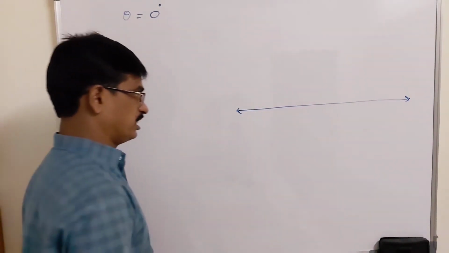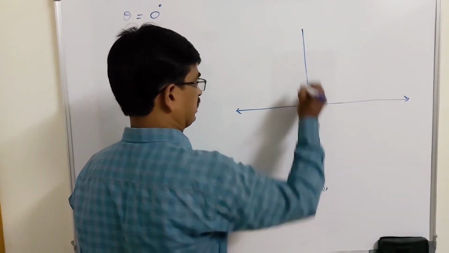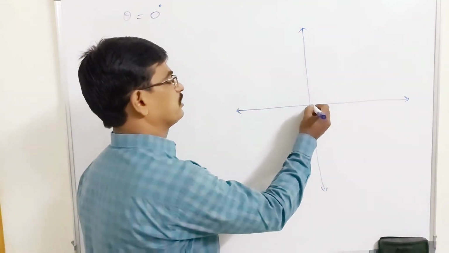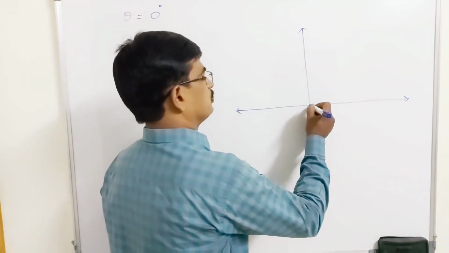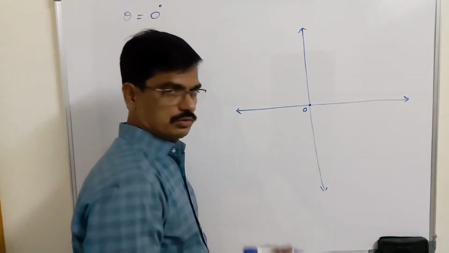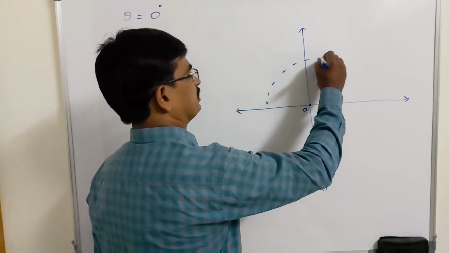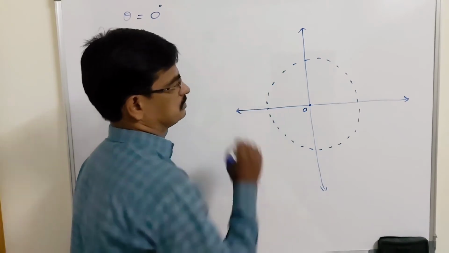Let me draw a horizontal line and a vertical line. Now these two meet at a point, let it be O. With O as the center and some convenient radius, draw a circle.